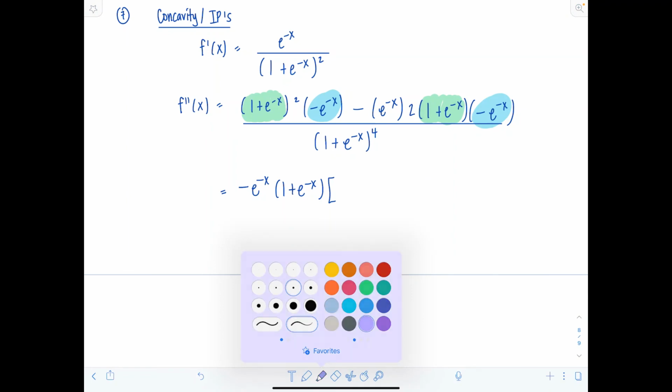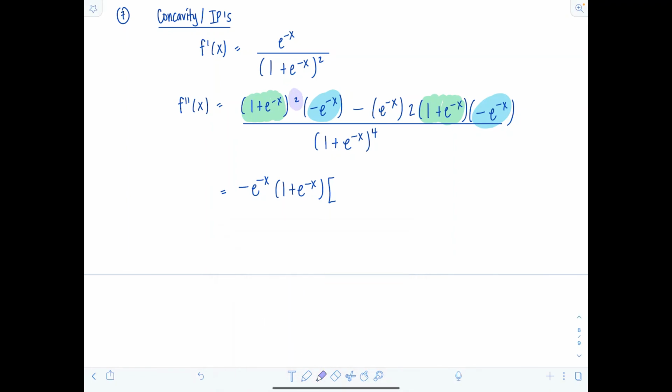Okay, so what is left over? I've got one of these 1 plus e to the negative x's left. And then I've got a negative e to the negative x times 2. Negative 2e to the negative x. All right, over 1 plus e to the negative x to the 4th. Did you make it?